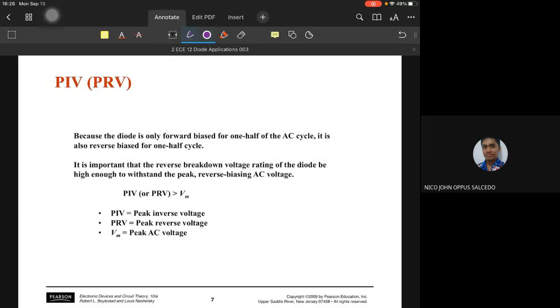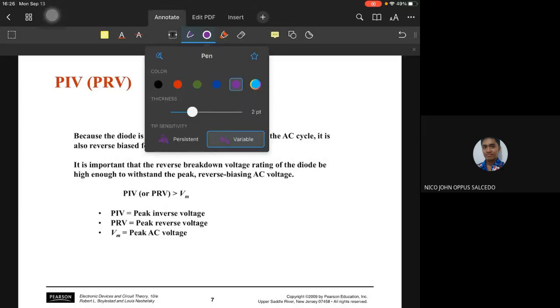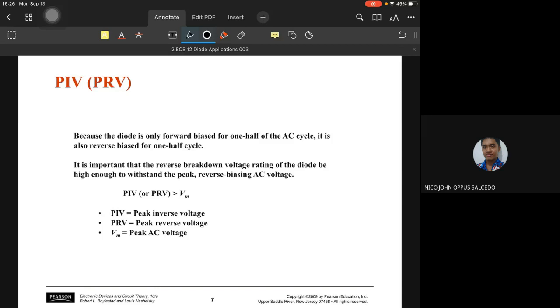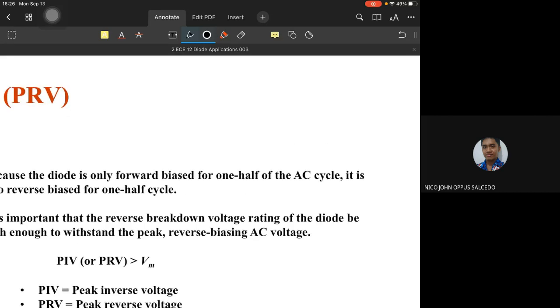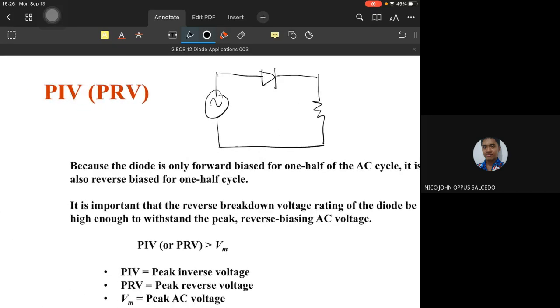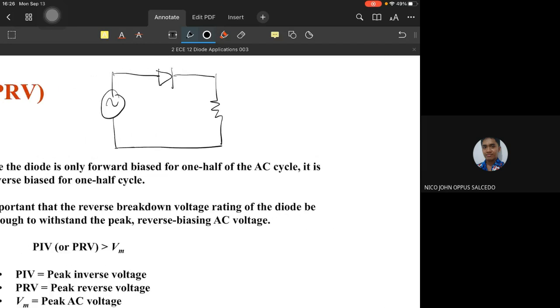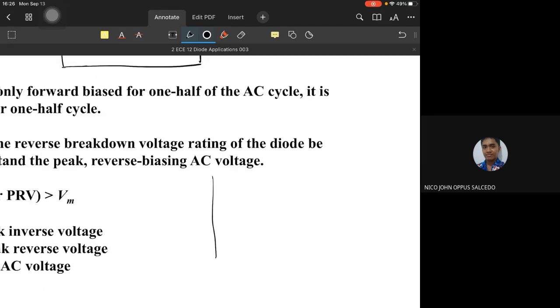Before that, what is peak inverse voltage? Going back to the half-wave rectifier, peak inverse voltage, or peak reverse voltage, can be seen in the diode's VI curve.